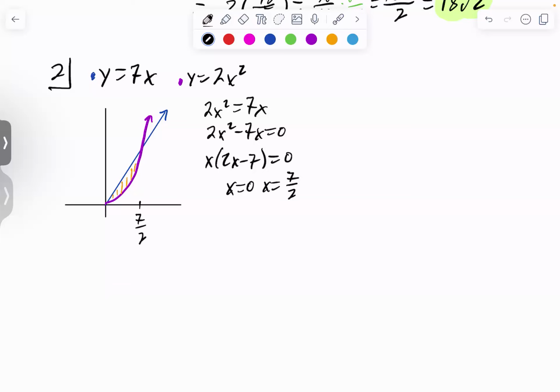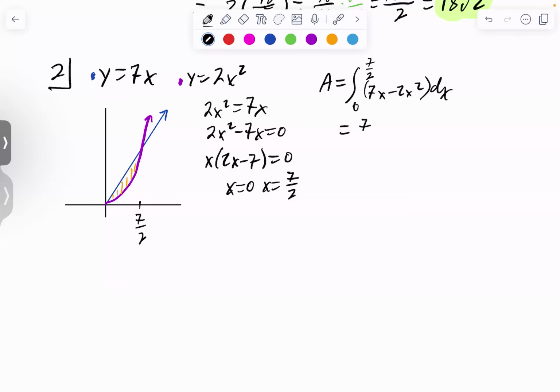And once again, the top function is the line. We don't have symmetry like we had before where we can cut it in half or anything like that. So this is just going to be from 0 to 7 halves of 7x minus 2x squared dx. So I'm going to go ahead and integrate that.